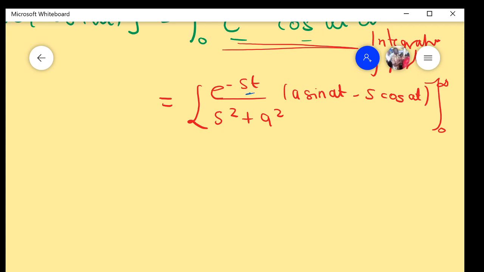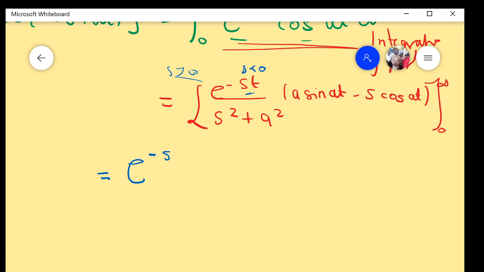If our s here is greater than 0, then we are going to have a positive value here, so it's going to work out. But if we have our s to be less than 0, which is a negative number, then it's going to make this positive, making it undefined.